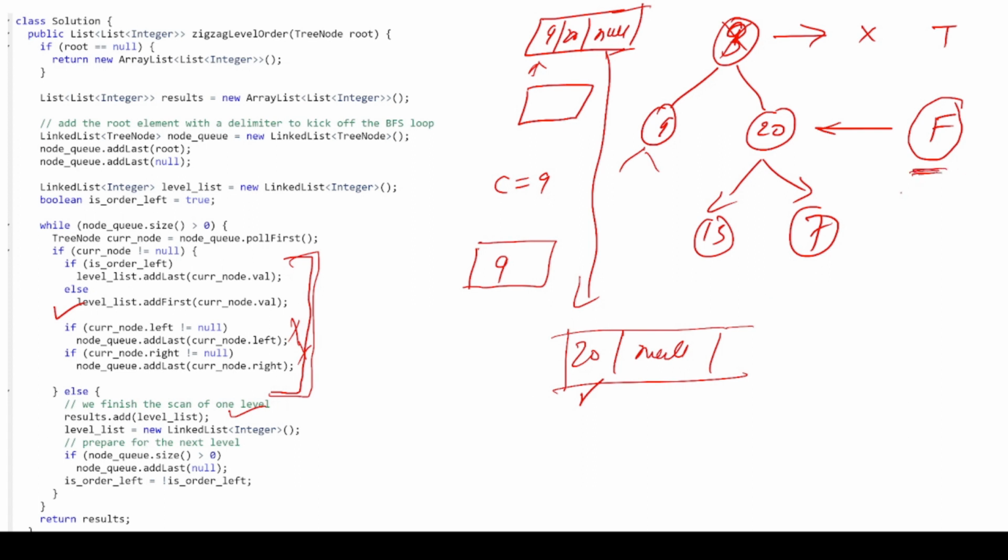It will still say false, which means we will come to the first element. So current is now 20. Now 20 will be added where? First. 9 is already there, but we have to add 20 first. So 20 will come first, and 9 will come after.